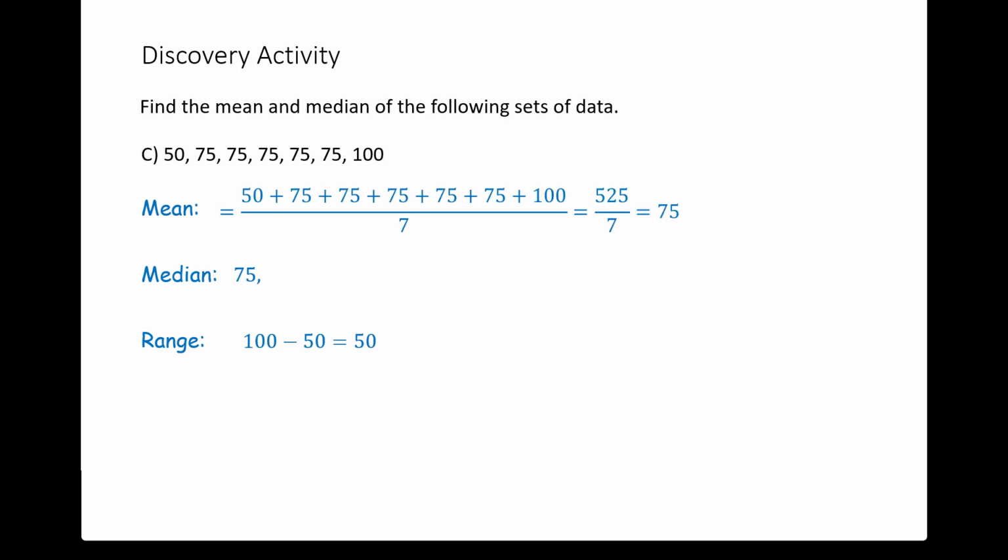Data set for C. The mean was 75, median was 75, range is 50. Now compute the standard deviation using your calculator. The standard deviation you should have 14.43375673.